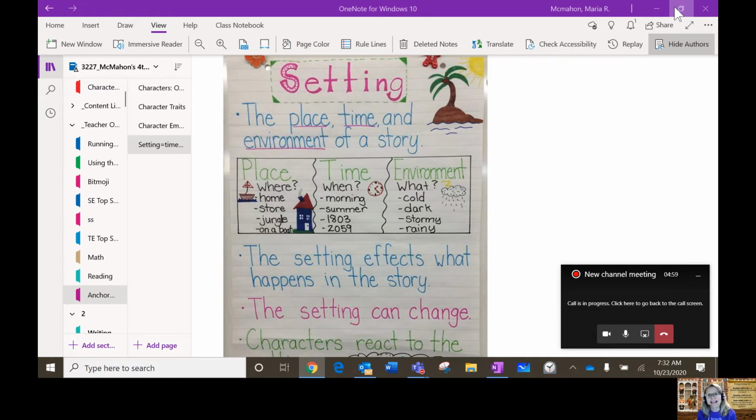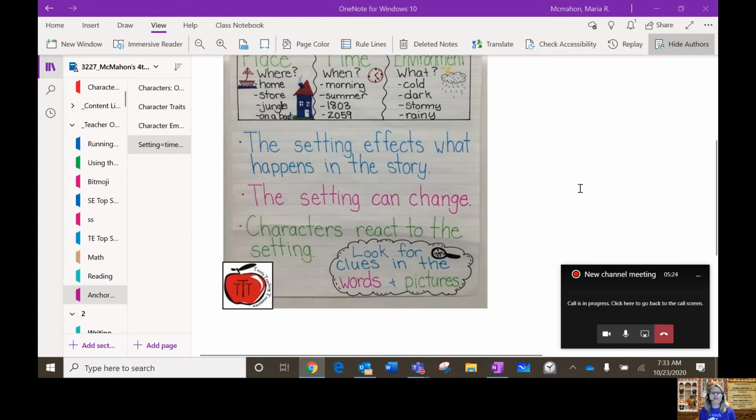If Harry started skating in the kitchen, I think Aunt Petunia would react in one way. And if he were skating by himself, I don't think that it would matter to Aunt Petunia as much. The setting can change. So Harry can go from the Dursleys' house to the train station and then on to Hogwarts. And the characters in the story are going to react to that setting.